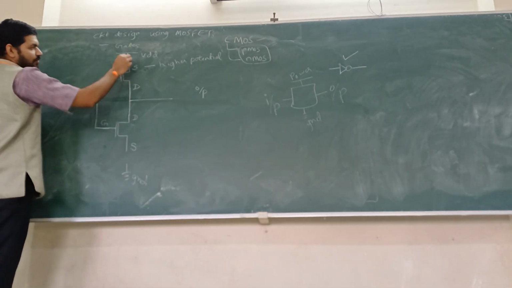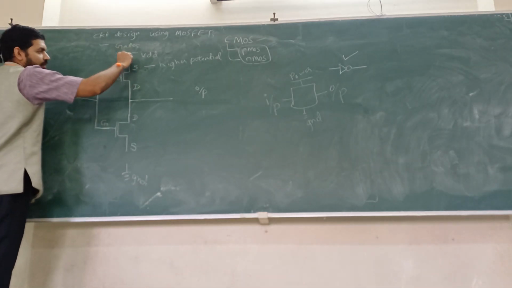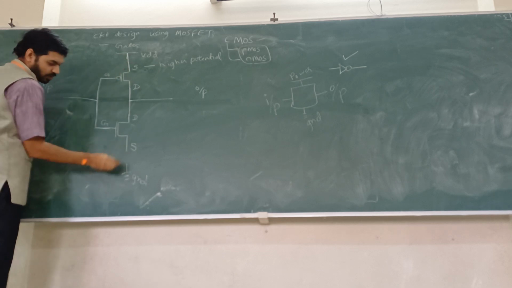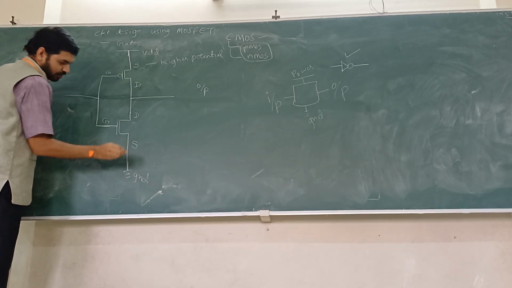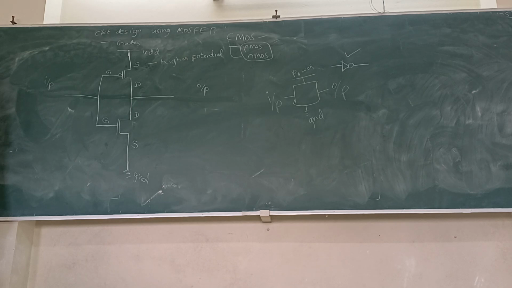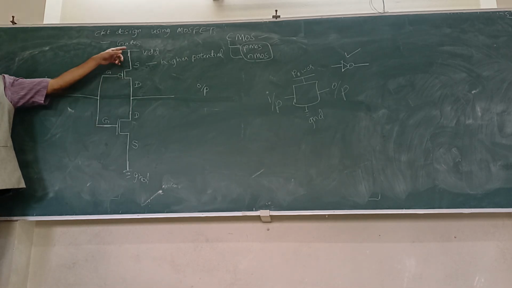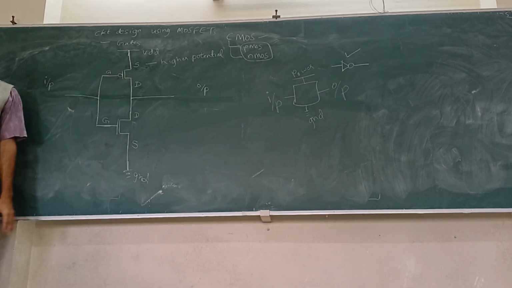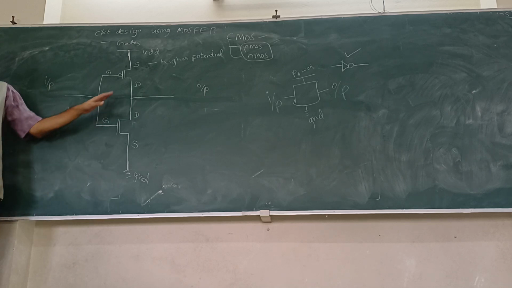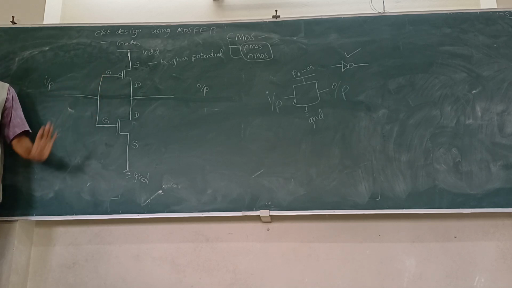Then source of PMOS is shorted to VDD, and source of NMOS is shorted to ground. So theoretically this completes the inverter design.